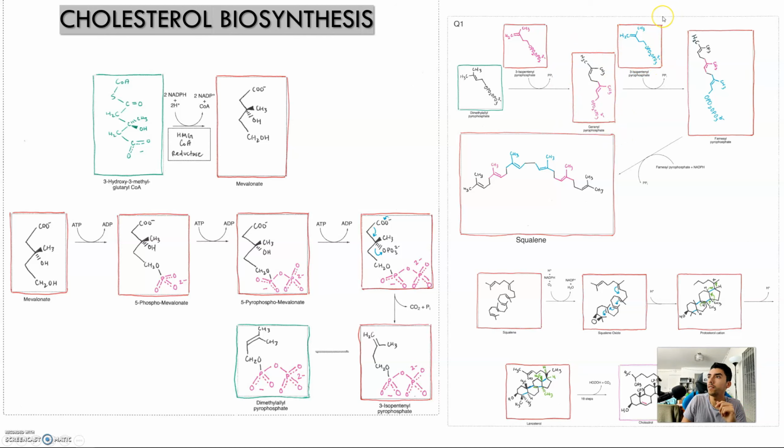With the addition of another 3-isopentenyl pyrophosphate, we now get a 15-carbon unit. So now that we have 15 carbons, we link another one of those farnesyl pyrophosphates so that we get a 30-carbon unit called squalene. As we proceed converting squalene into lanosterol, we then finally end up making cholesterol as an end product.